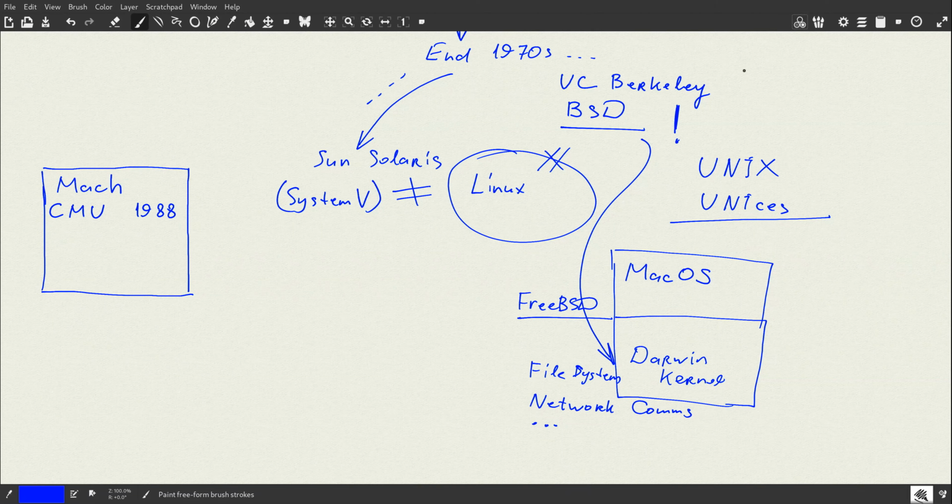Well, taking a step back, we're talking about this BSD, the University of California, Berkeley, BSD family of operating systems. So what is important about BSD?